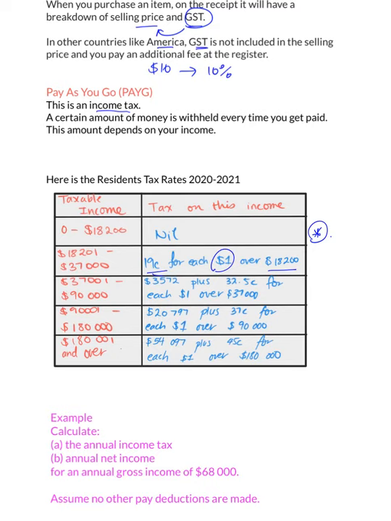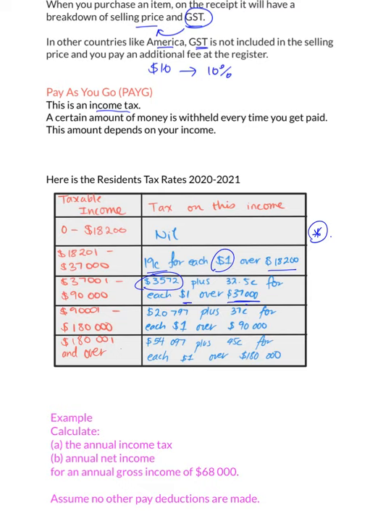Now, if you're in the next bracket, between $37,000 and $90,000, you pay a fixed rate of $3,572 plus an additional 32.5 cents for every $1 over $37,000.